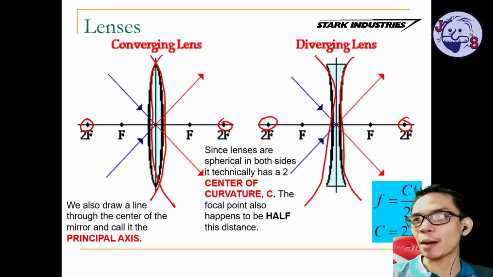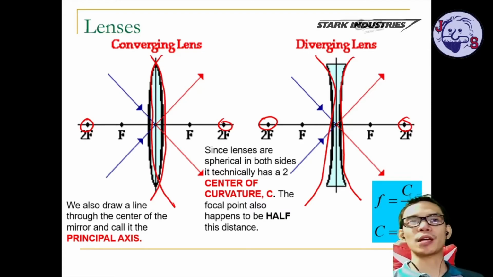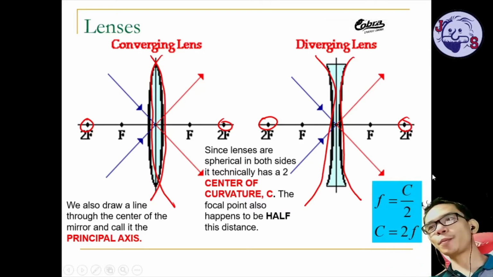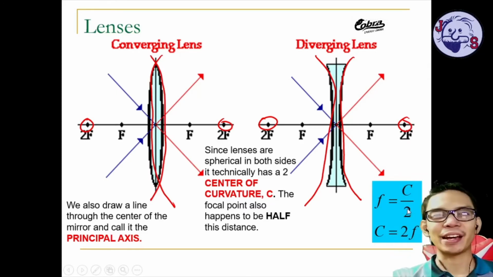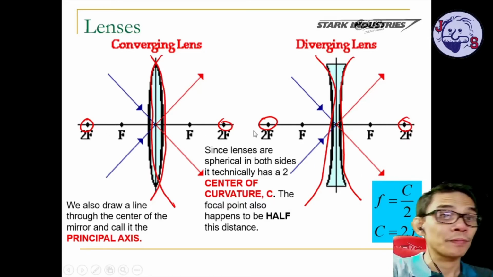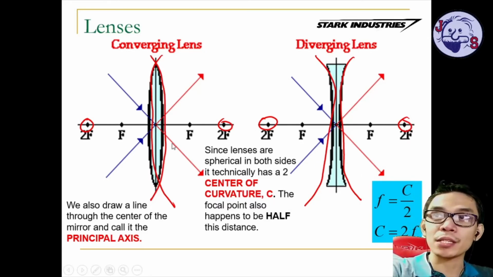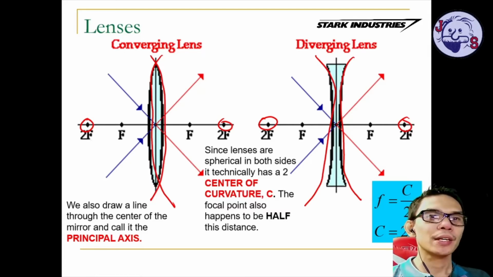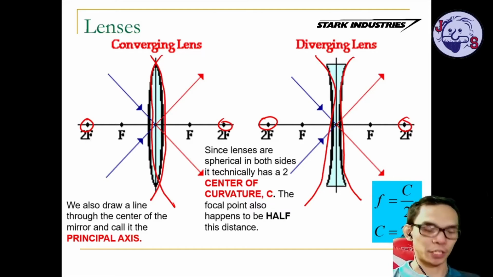It's the same thing. It is half the distance. So if you follow this formula right here, then it's the same thing. Again, we have the principal axis. So there, that's the converging lens and the diverging lens parts.